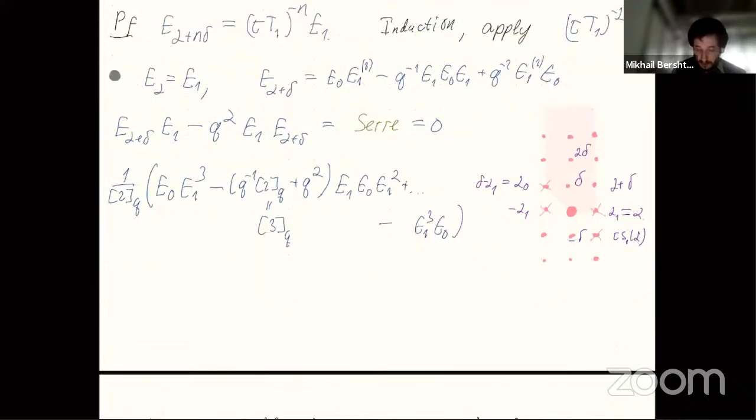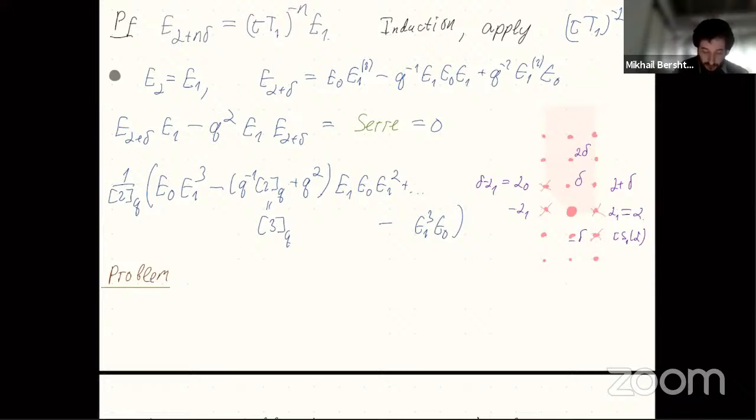Okay, the next statement I put as a problem, because I don't have much time. The problem will be to prove a similar relation, but not for the consecutive roots, but for the roots with longer distance.